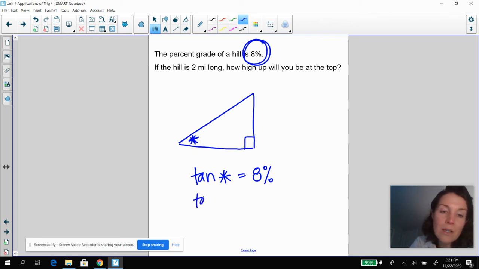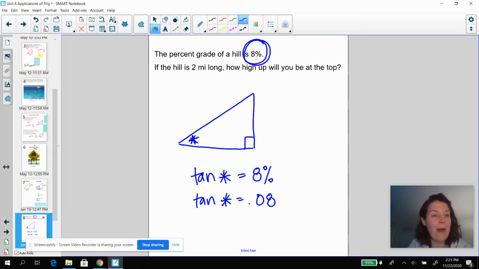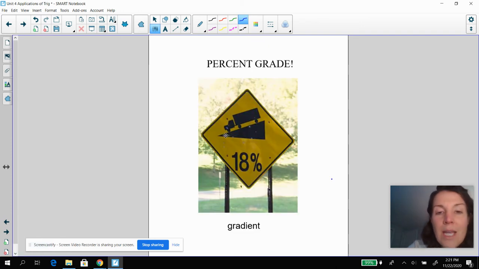So the tangent of this random angle is going to be 0.08. So in that previous example, if I go back to this original problem, the tangent of this angle would be 0.18. The tangent of angle X would be 0.18.